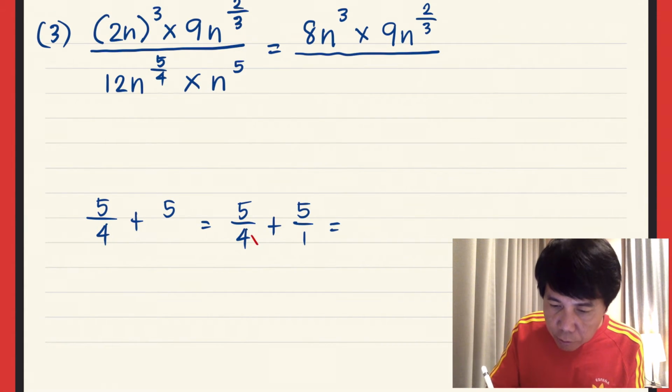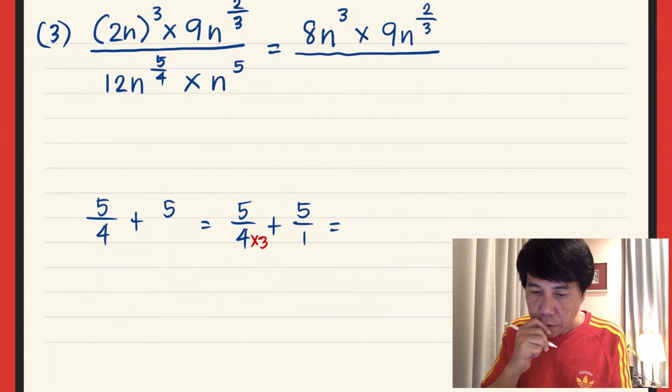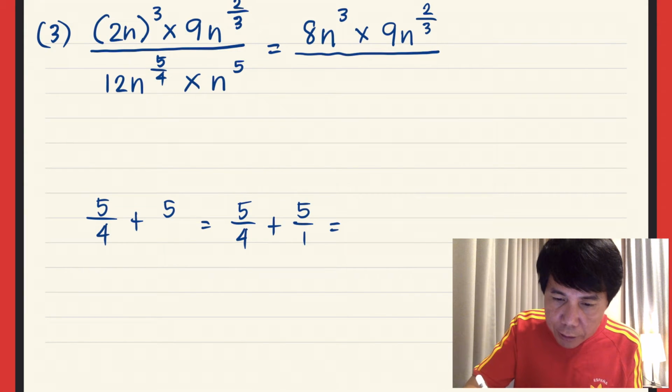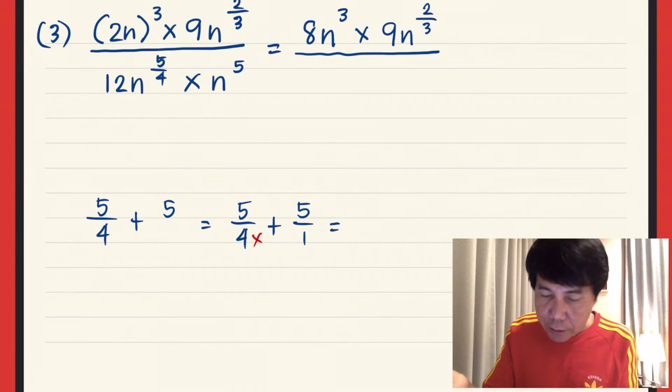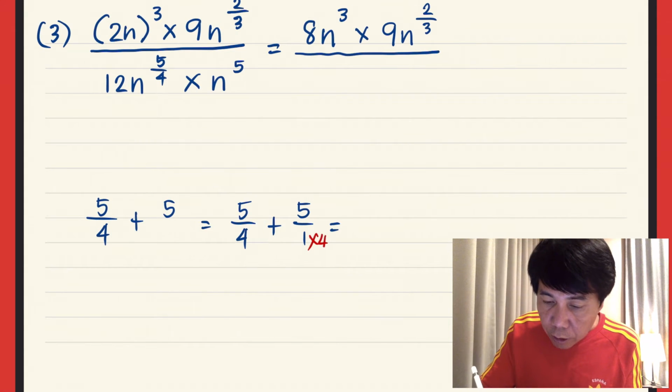I will multiply this by 1, so it will not change, and this one will be multiplied by 4.